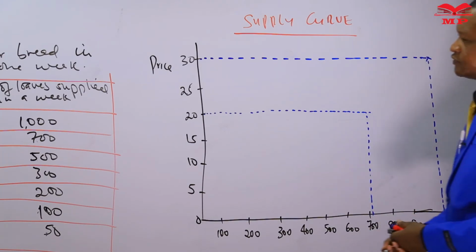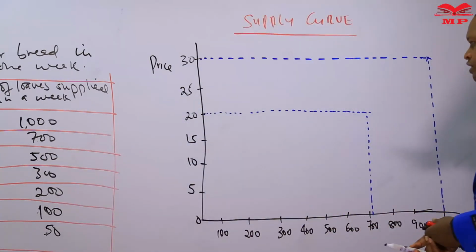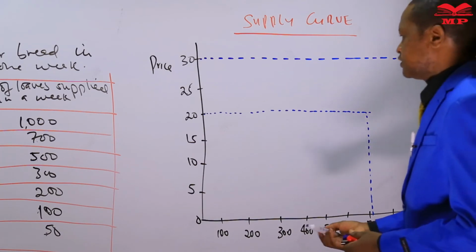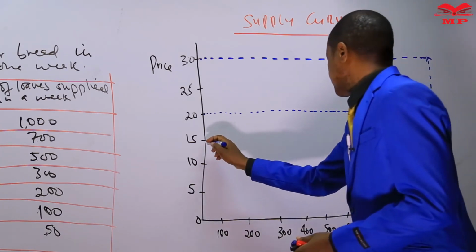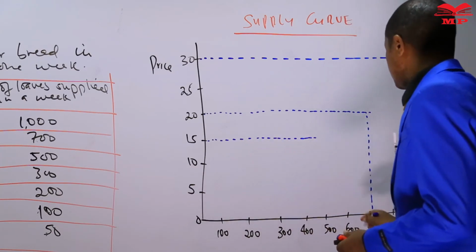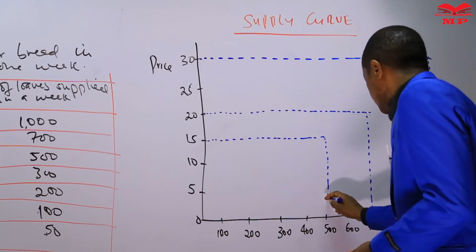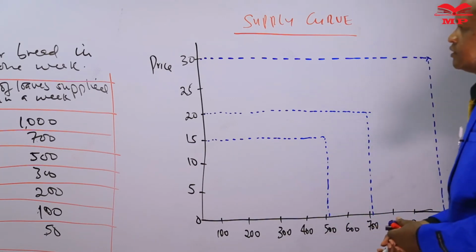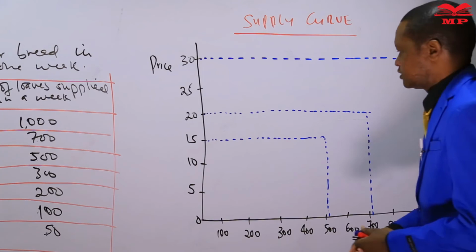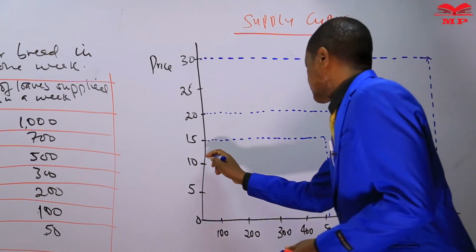When the price is 15 shillings, the number of loaves supplied will be equal to 500. Then at 12 shillings, 300 loaves are supplied.